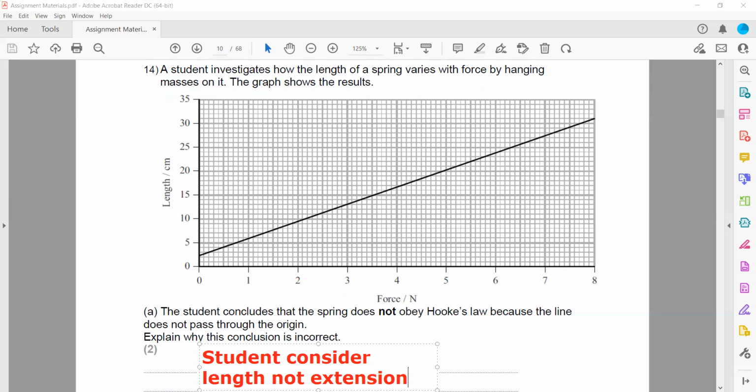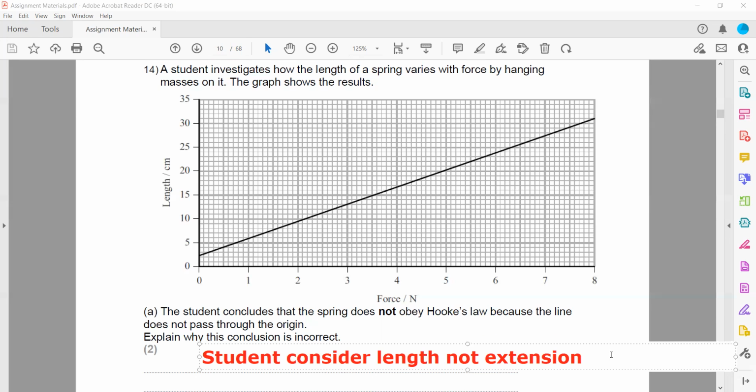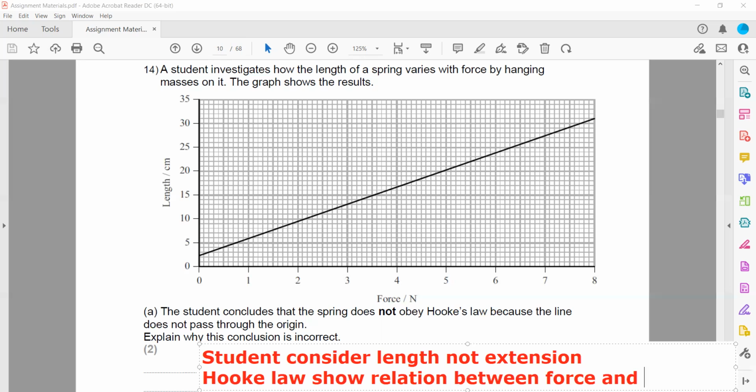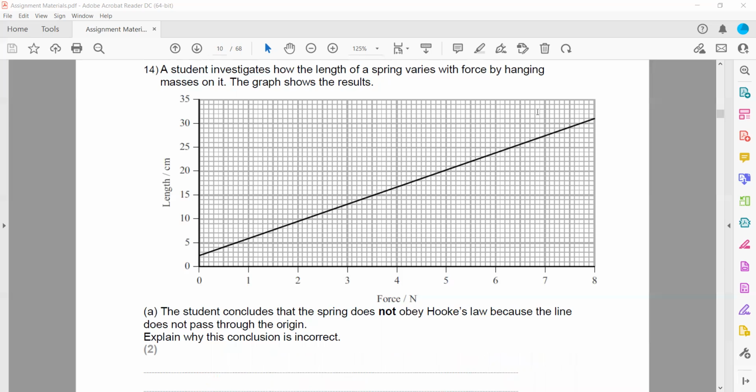And the second thing, Hooke's law shows a relation between force and extension, which are directly proportional to each other. So in this case, the force and extension are directly proportional to each other. As it is a straight line, it means the extension is increasing at the same rate as the force.